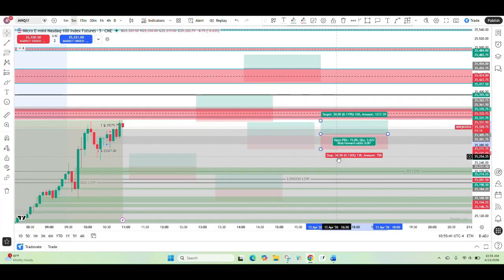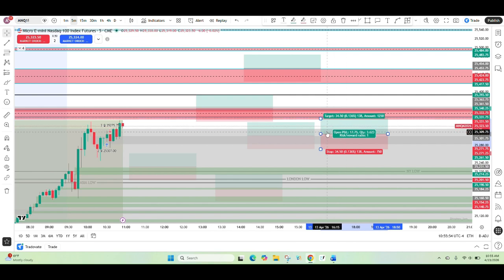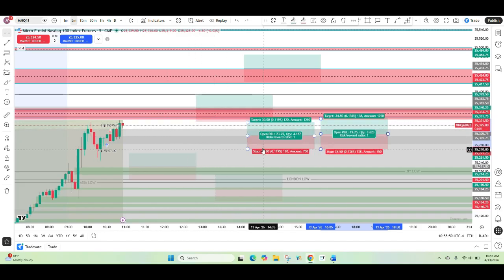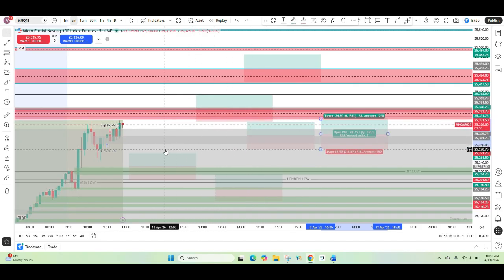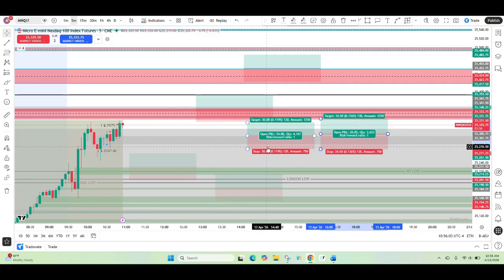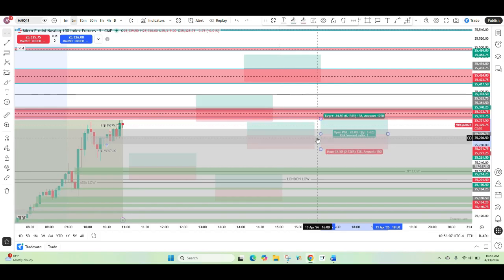The stop loss, remember I did 30.30, but the stop loss would now be 34.50, so I would simply move my take profit up to 34.50 also. And as you can see, it ended up stopping me out because my stop loss was further up than I initially wanted it to be.